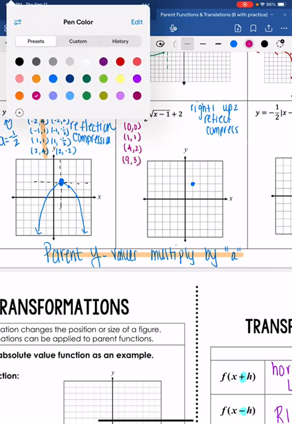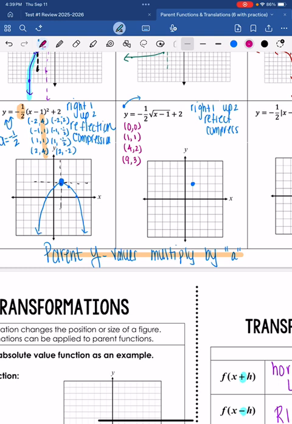A is negative 1/2. 0, 0 stays the same. 1, 1 becomes 1, negative 1/2. 4, 2 becomes 4, negative 1. 9, 3 becomes 9, negative 3/2, which of course isn't going to fit on my graph. So from my new origin, which is here, my modified parent points are 1, negative 1/2, 4, negative 1, and then 9, negative 3/2.